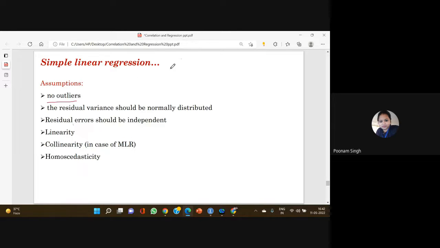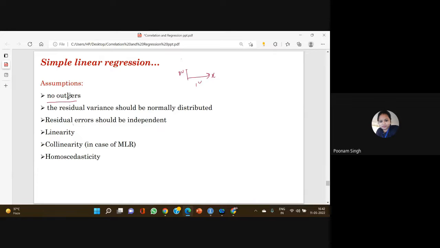Two things you need to remember: the independent variable that is used to predict the dependent variable always goes on the x-axis. The independent variable will be on the x-axis, and the dependent variable will be on the y-axis, and both must be scale variables. First one is no outliers, because regression is very sensitive to outliers.